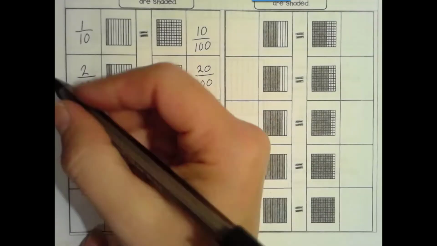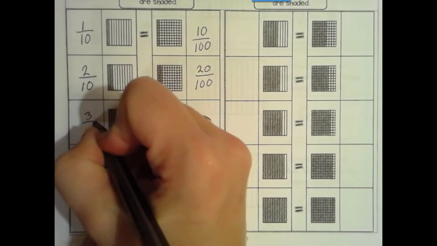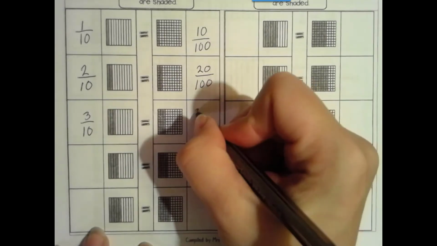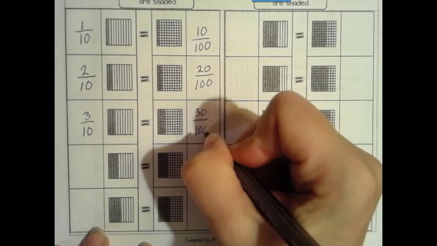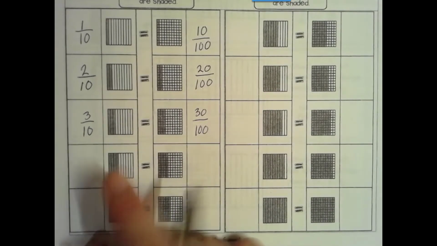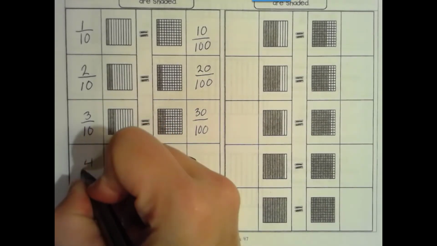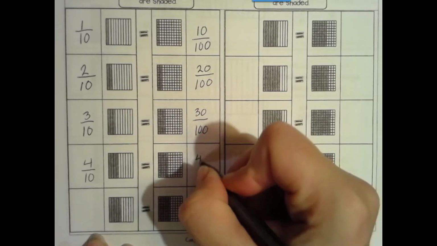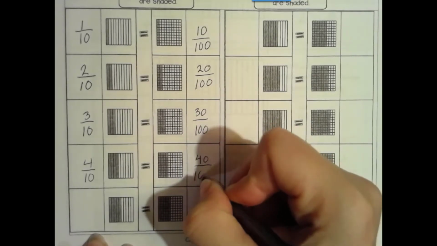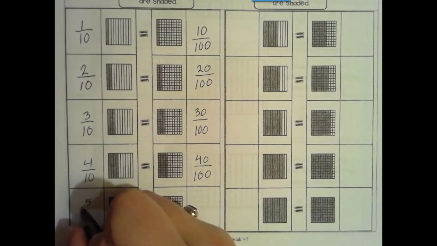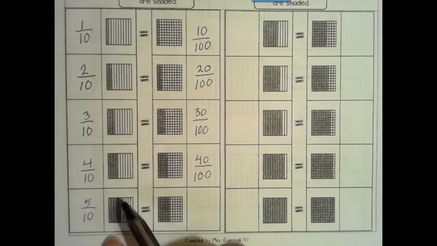Here we have 3/10 and 30 100ths, just like in our example above. Here we have 4/10 are equivalent to 40 100ths. 5/10, or exactly 1/2.